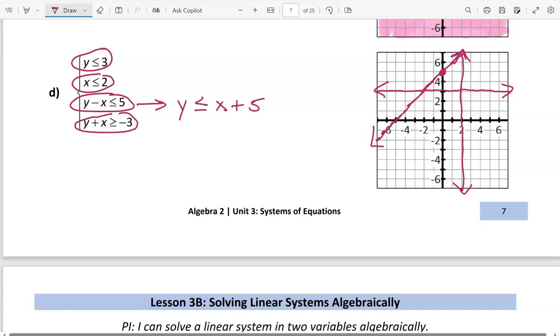And then the last inequality is y is greater than or equal to negative x minus 3. Once we subtract x from both sides, that has a y-intercept of negative 3 and a slope of negative 1. And that again has a solid line since or equal to is indicated.